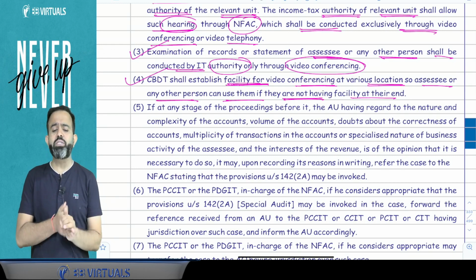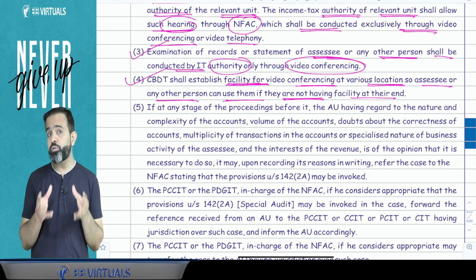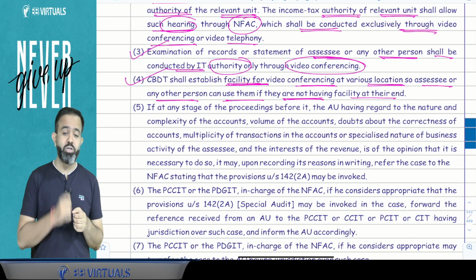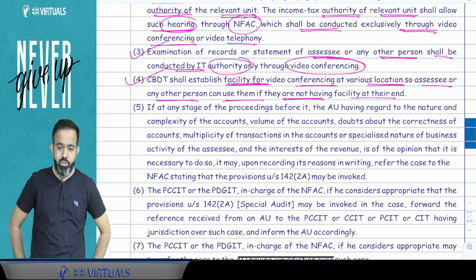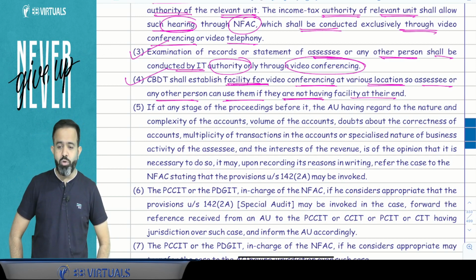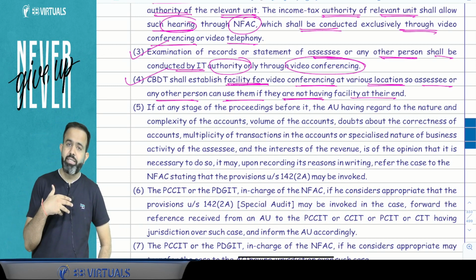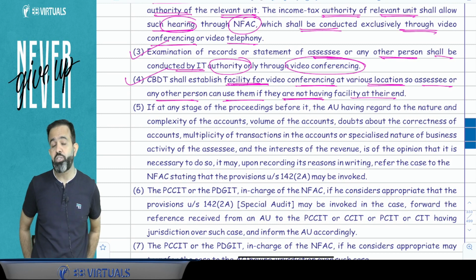Now guys, there may be a possibility that when the assessment unit is doing the assessment, they feel there should be a special audit, because the assessee's books of accounts are very complex, or there is a multiplication of accounts. So the question is, can the assessment unit, in a faceless manner, request the NFAC for a special audit or not?